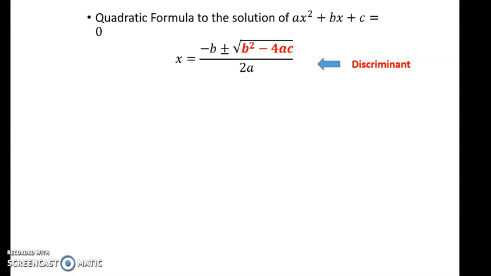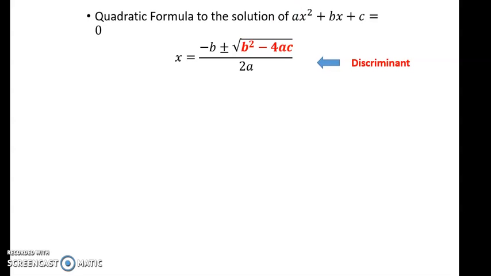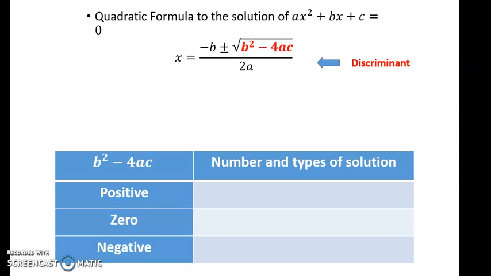You would have to have a negative square root. So you can see that the part underneath the square root is really determining a lot of things. So that's why that's considered the discriminant, b squared minus 4ac. So b squared minus 4ac is our discriminant, numbers and types of solution.